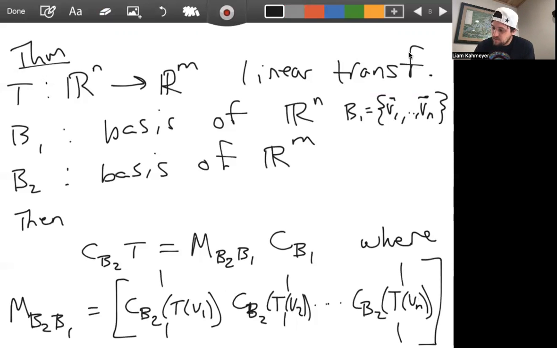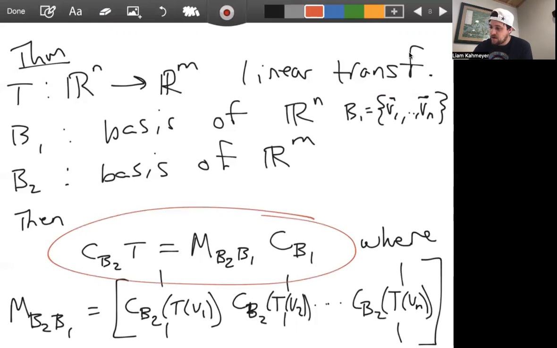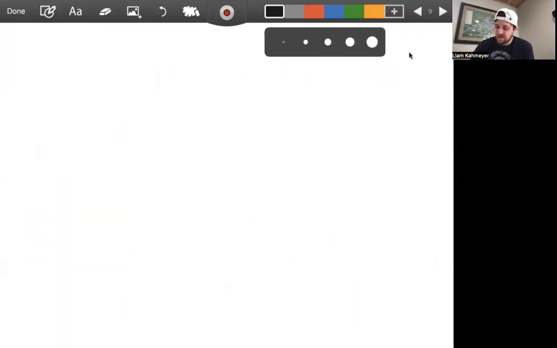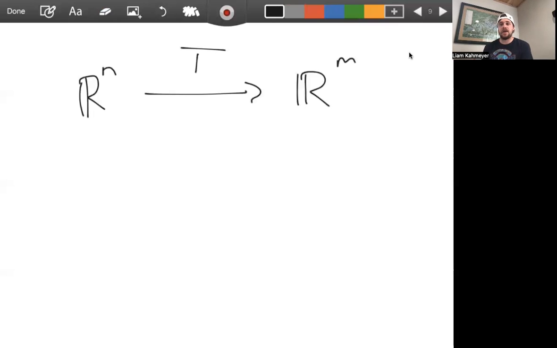What does this mean here, right? What is this telling us? Well, let's look at the following picture. We have Rn being mapped to Rm via T, right? In both spaces, in the domain and the codomain, we have coordinate functions. CB1 maps a basis of Rn to another basis of Rn.